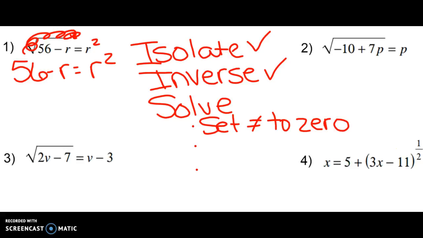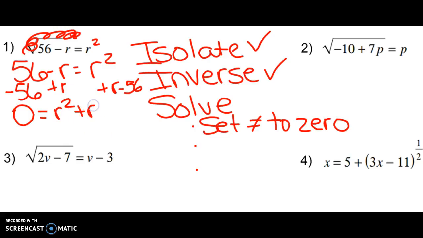So let's go set one side equal to 0. We're going to add r here, going to add an r here, and we're going to subtract 56 here. Okay, so this side is 0, and this side is going to become r squared plus r minus 56.